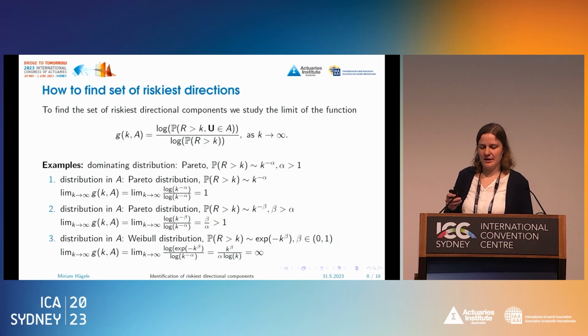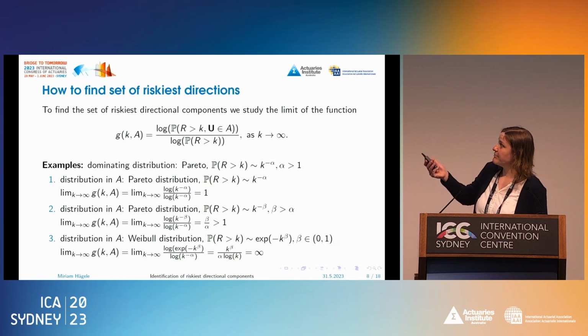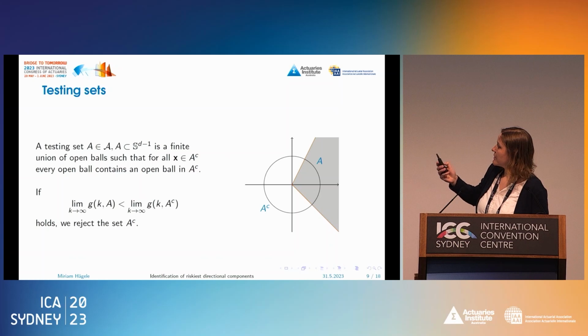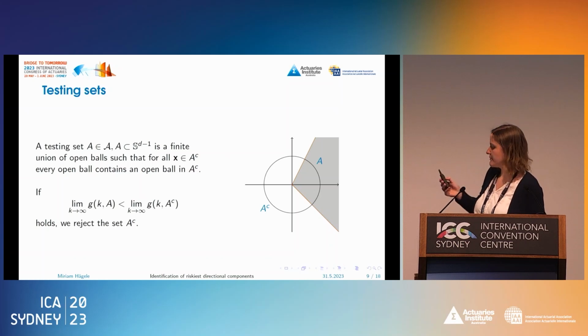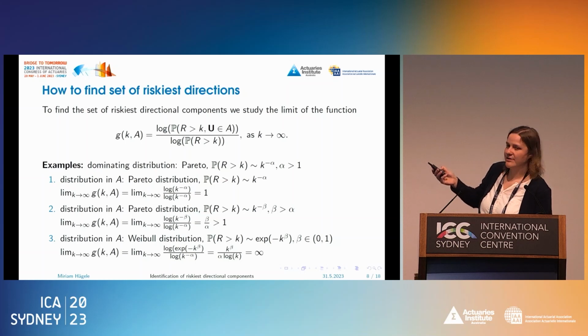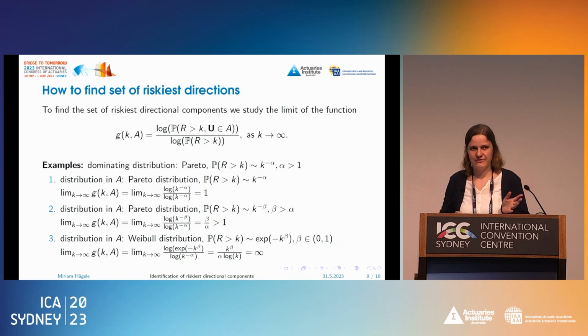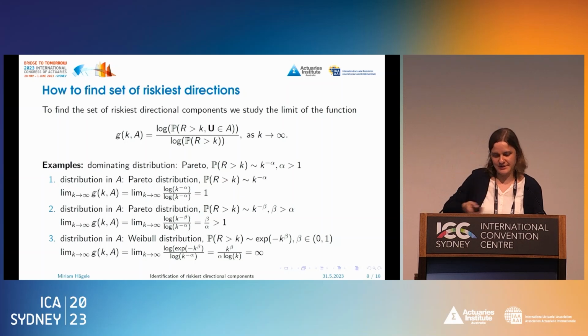So we will look at this function g, which is a bit similar to what we saw before, but now we look at the probability that R is large and U belongs to some set A, and A is part of this unit sphere. So in the two-dimensional case, it's on the circle, some set A.